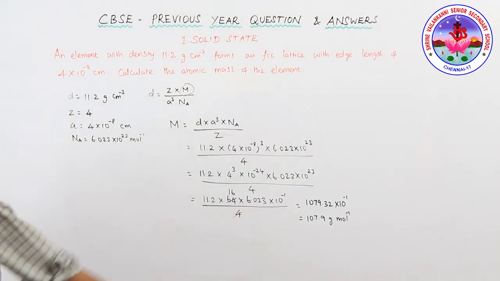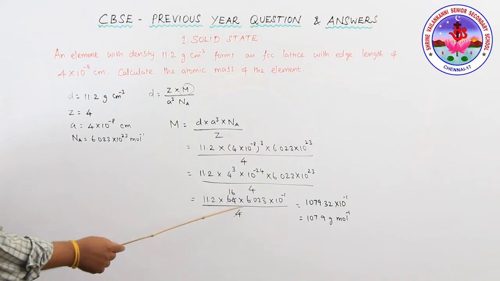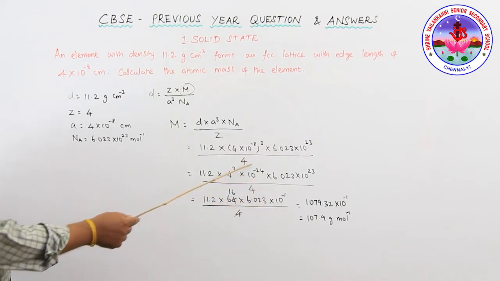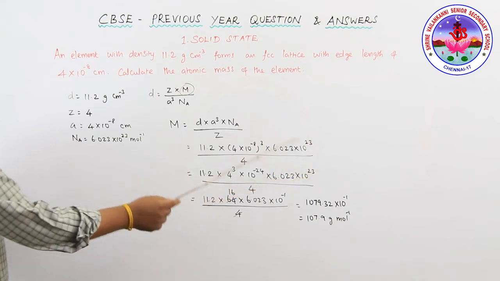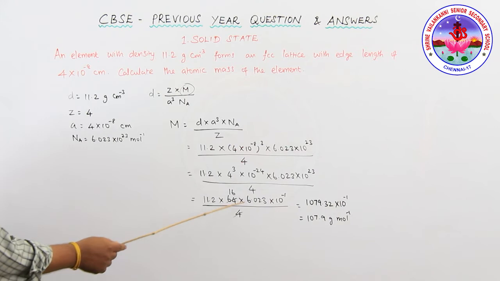See, this is the answer. So 11.2 into 64 into 6.023 into 10 power minus 1, because of 10 power minus 24 and 10 power plus 23. So that you will get 10 power minus 1 divided by 4.